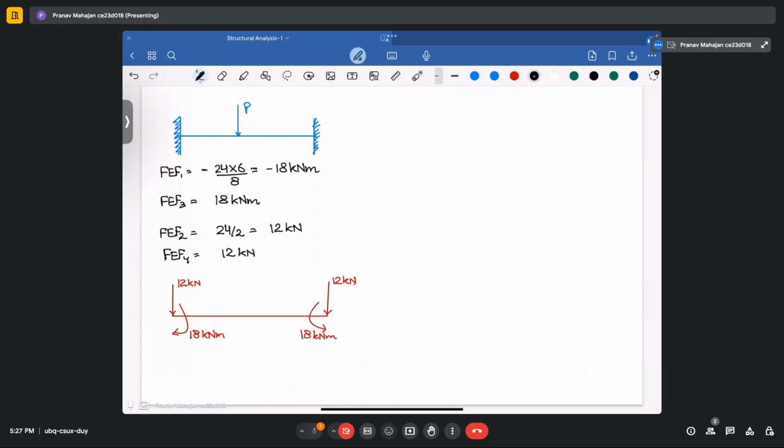So this is your equivalent nodal load for member BC. So combining the whole beam, how it will look like.